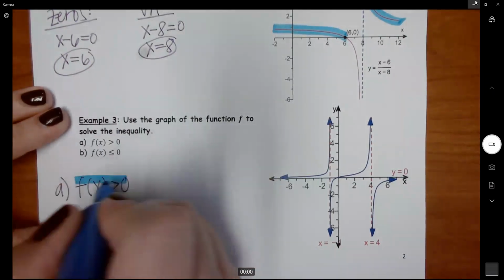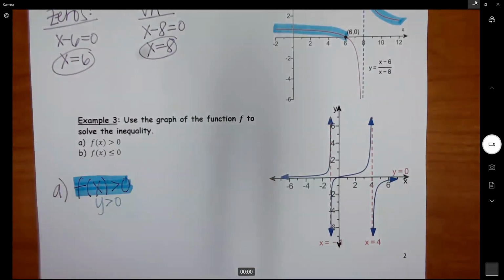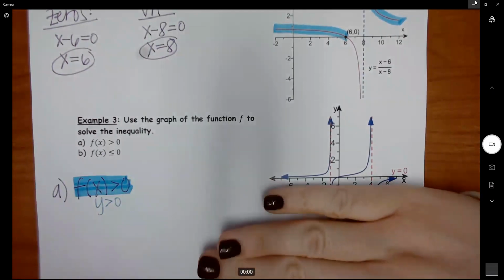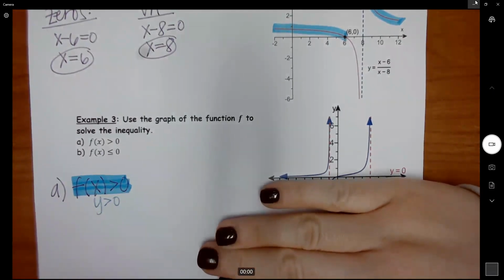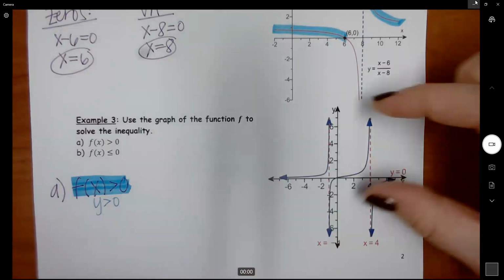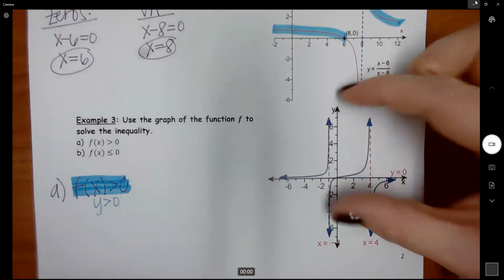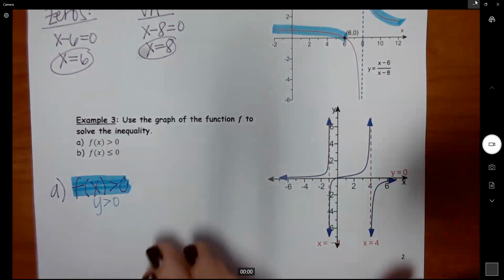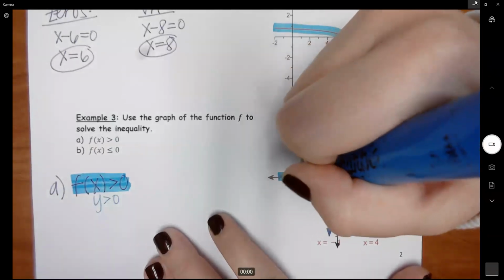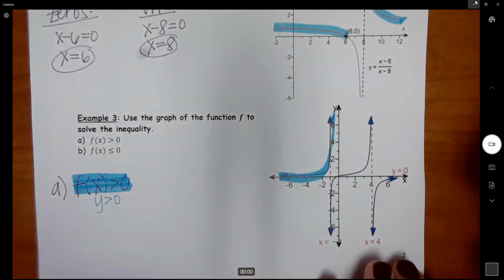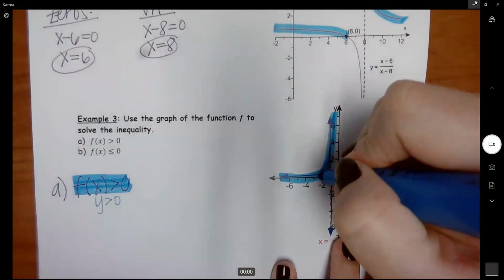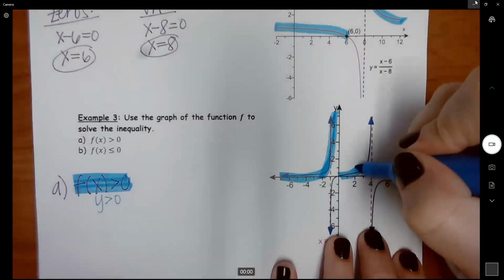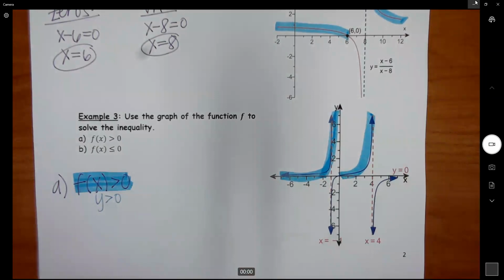So when f of x is greater than 0, is everything here above my x-axis. That is when my y values are greater than 0. So we are talking about this portion, and we are talking about this portion.